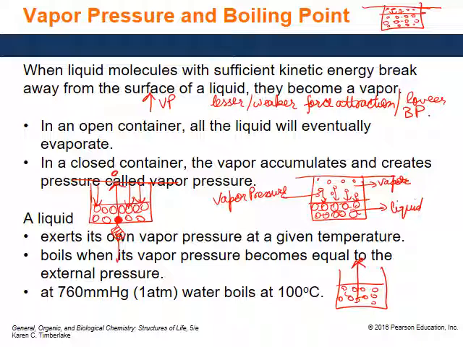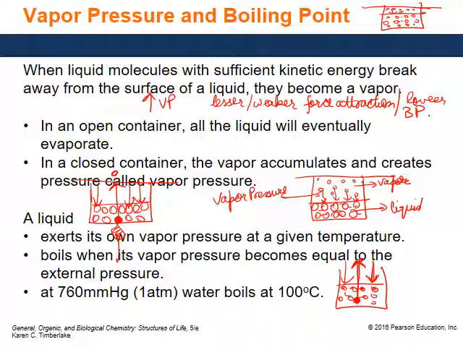Okay, and when does this happen? When do things start to boil? If it's an open container, there is always atmospheric pressure being exerted by the air that is present on top. So if the atmosphere is exerting pressure, that means these molecules are being pushed into the liquid, right? But whenever these molecules have enough energy to break away from this atmospheric pressure, that is when these liquids start to boil.